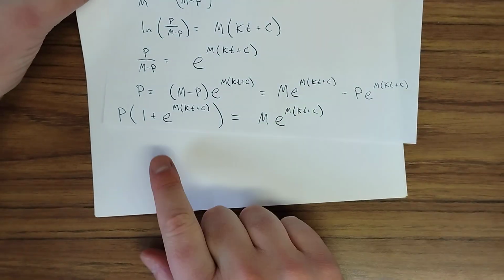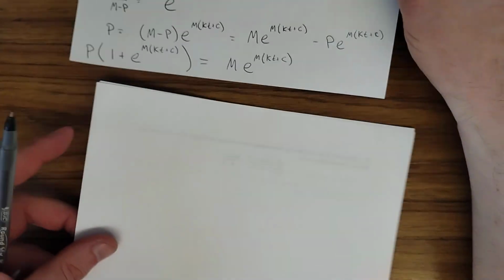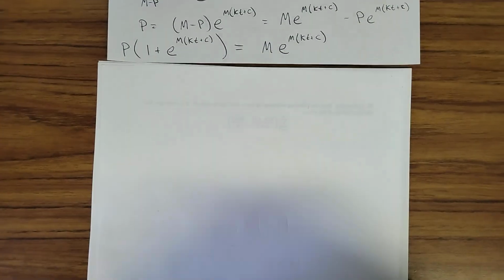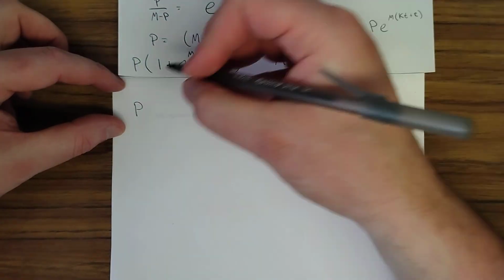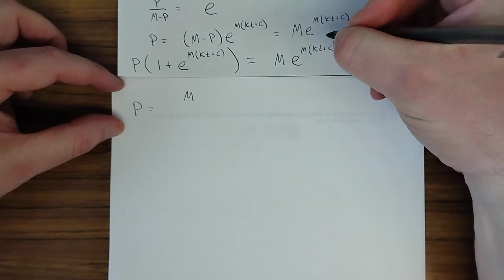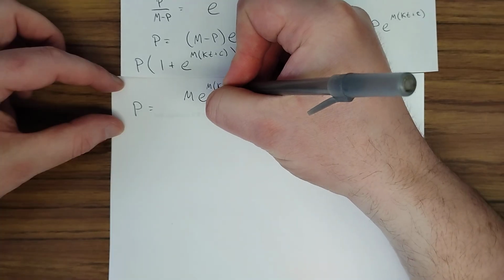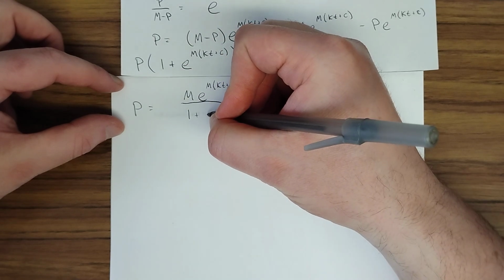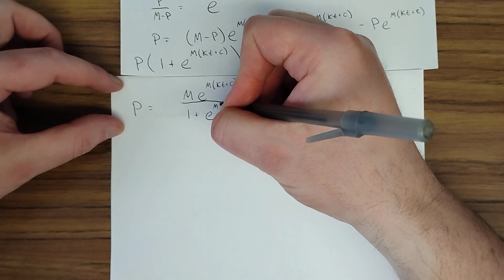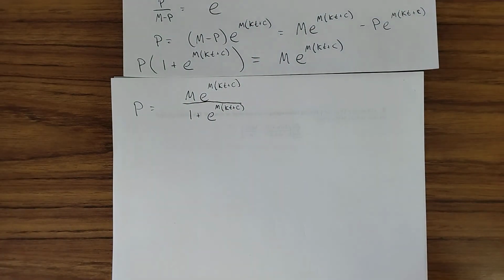Finally, I can solve for p. I just divide by this stuff. Like that.